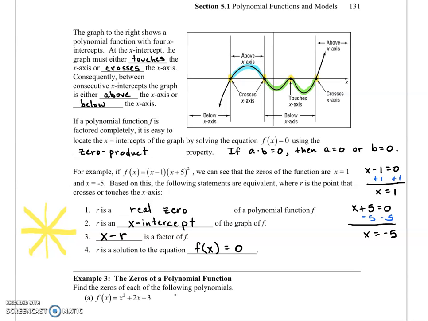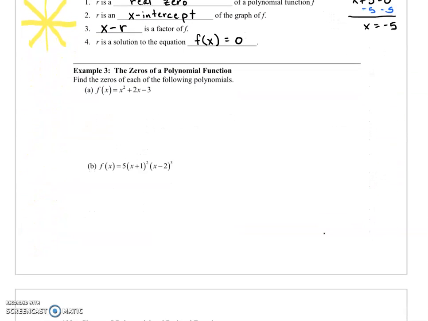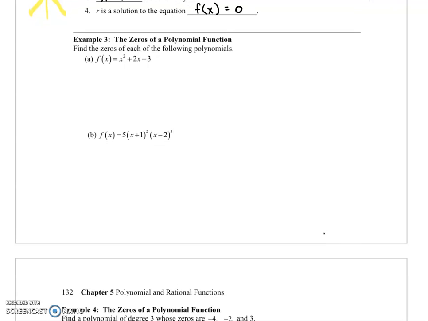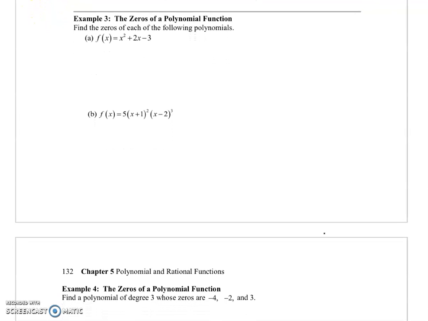So let's see how this works in practice. This first one should be familiar because it's just a quadratic, and we know to solve quadratics, we take the function and set it equal to 0. And then we factor. So we have x plus 3 times x minus 1 here.